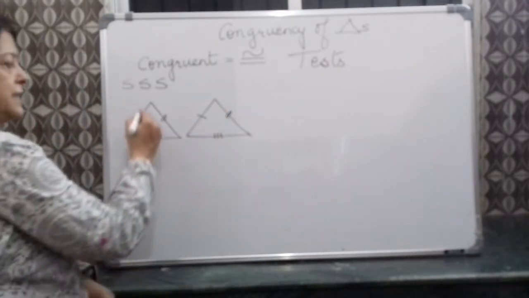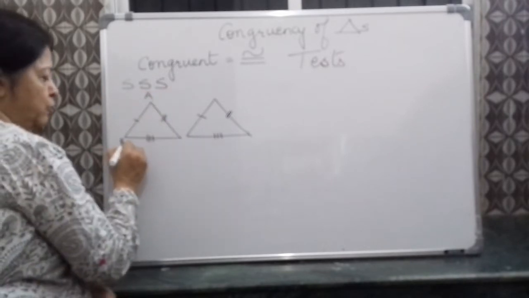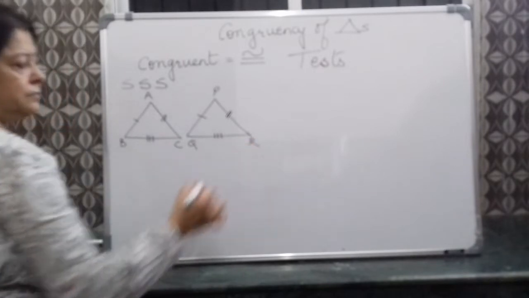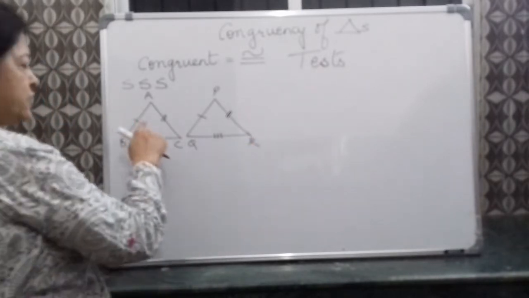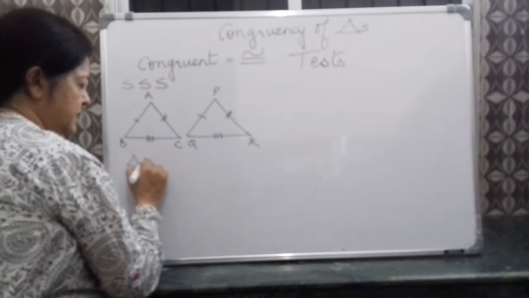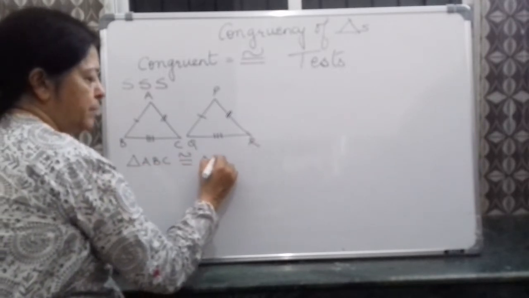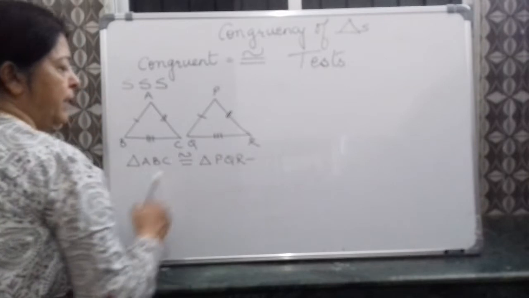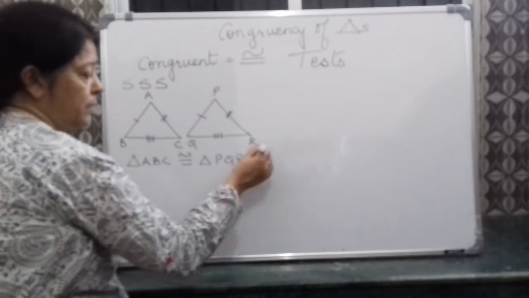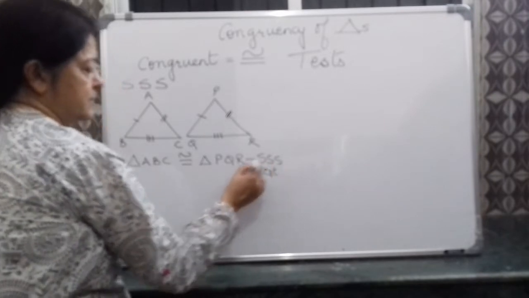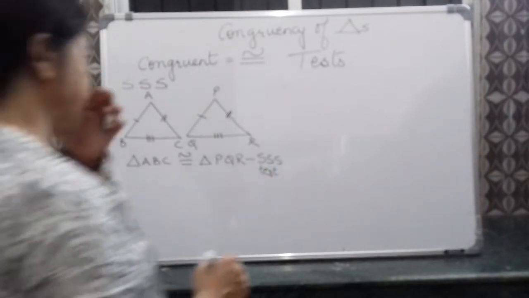So here suppose this triangle is ABC and this is PQR. You can say that triangle ABC is congruent to triangle PQR by, now which test? It will be the side, side, side test. I hope that is clear.